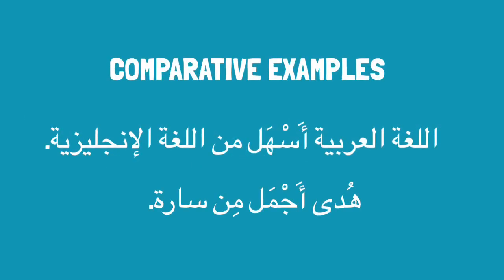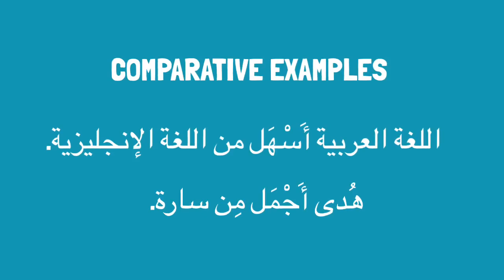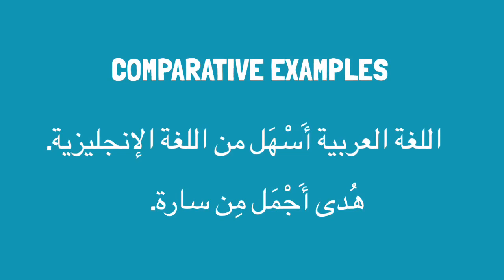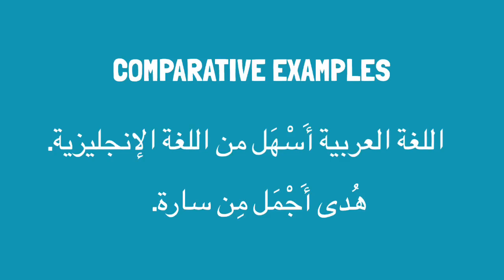Now here we have the same sentences but using the second way of comparative adjectives, which is basically changing the adjective itself into the comparative form and then adding min or than after it. So let's see the sentences. اللغة العربية أسهل من اللغة الإنجليزية. The Arabic language is easier than the English language.